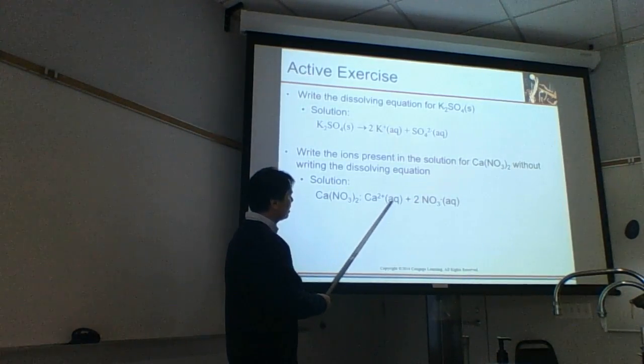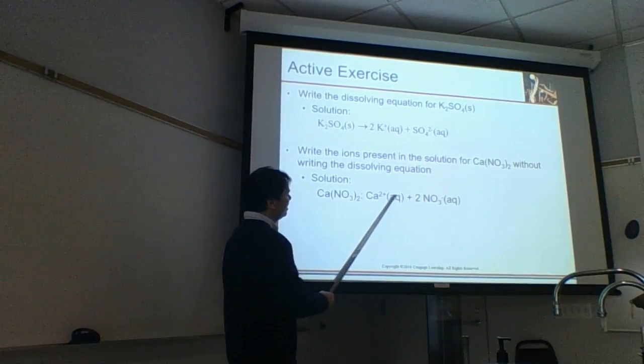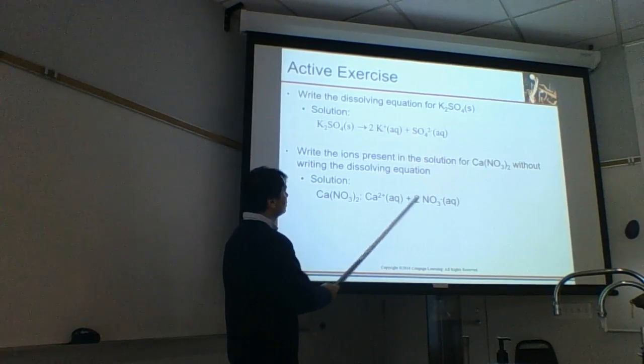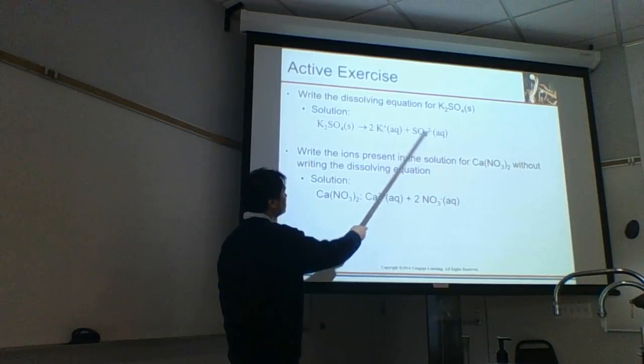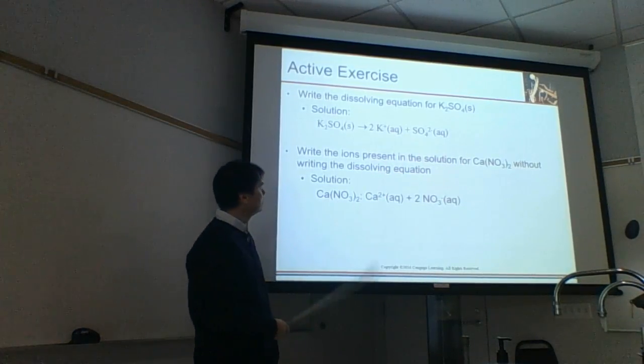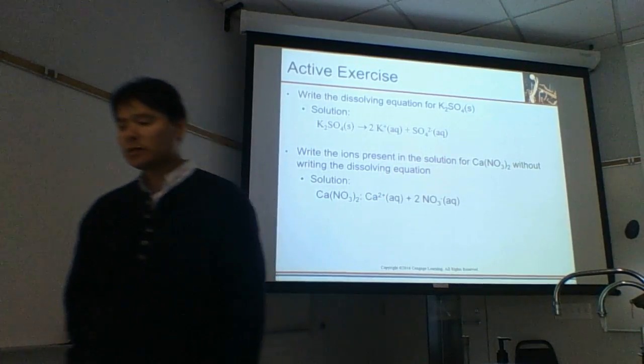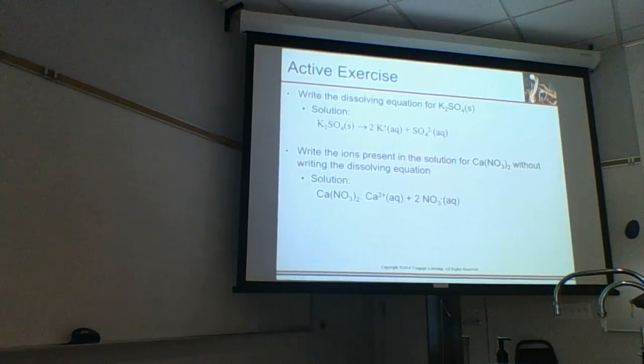So we have 1 calcium 2 plus and 2 nitrate. Aqueous just means dissolved in water. And so calcium nitrate is a solid in pure form, but it can form a nice homogeneous solution.